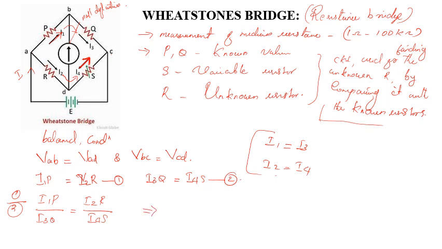So I can write the equation here as I1P divided by I1Q, which will be equal to I2R divided by, instead of I4 I can write I2, or otherwise you can write I4 instead of I2. Whatever you can write.